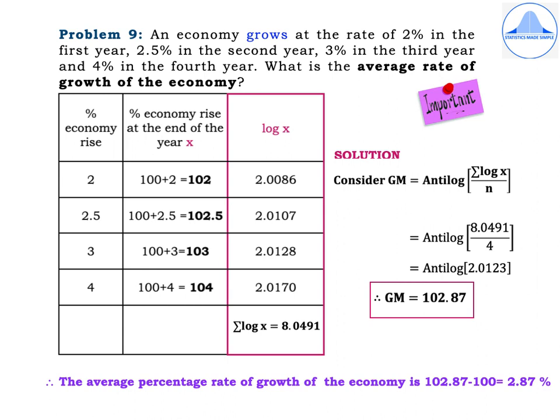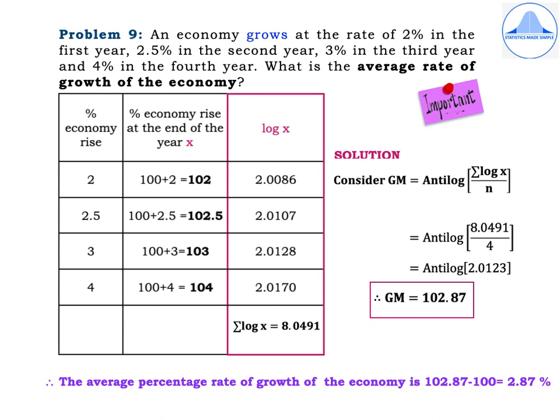So in the third column, find the log x values, which are 2.0086, 2.0107, 2.0128, 2.0170, and you get summation log x as 8.0491.